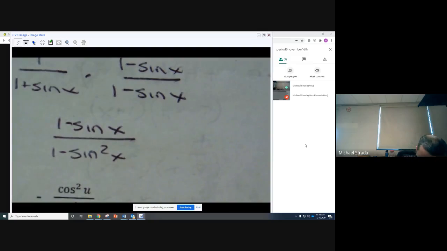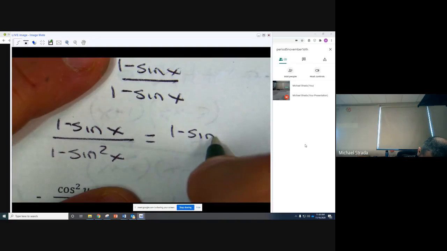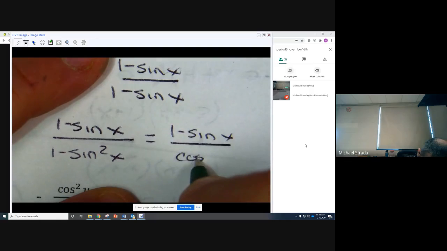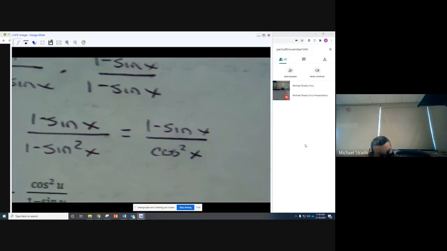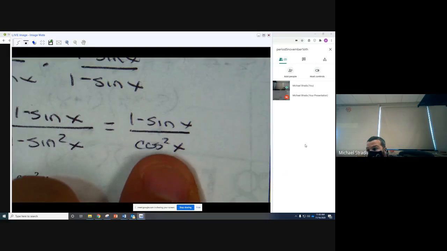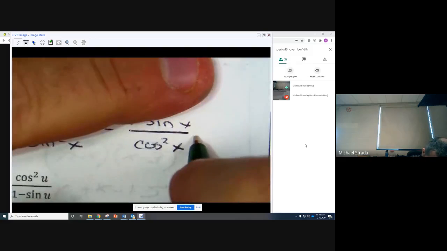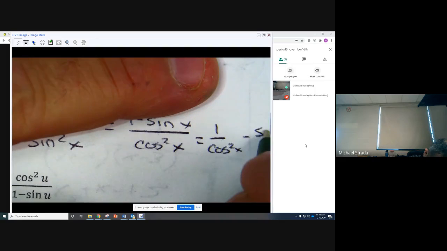Now, Pythagorean identities, 1 minus sine squared x is cosine squared x. Now, this is the tricky part you've got to remember. Our new denominator is now a monomial term. So you now write it as 1 over cosine squared x minus sine x over cosine squared x.